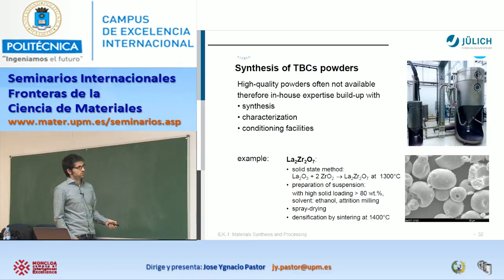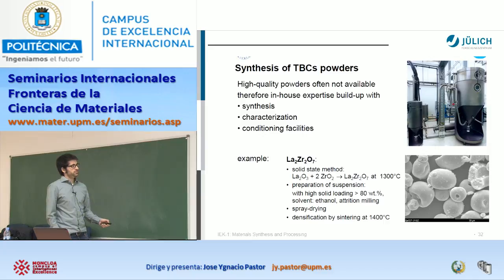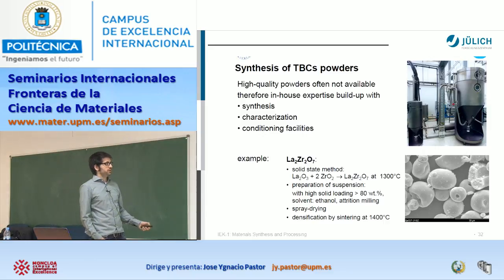And here is an extra example, because we are always talking about yttria-stabilized zirconia, but the future could be related with zirconates. I will show you the properties later, but first we need to produce the powder itself, and it's by solid state reaction.